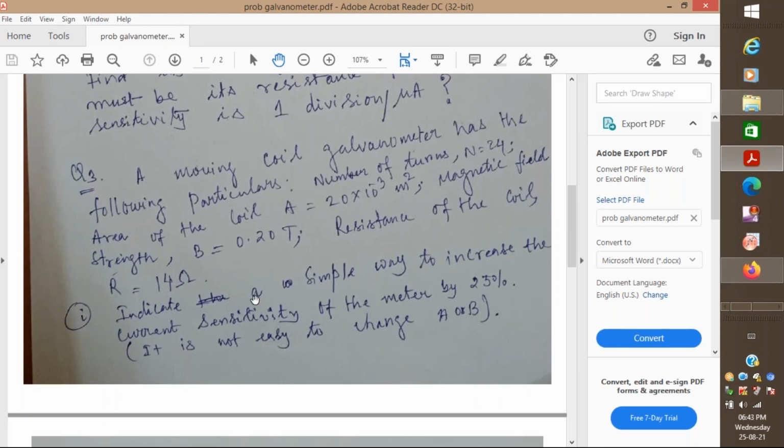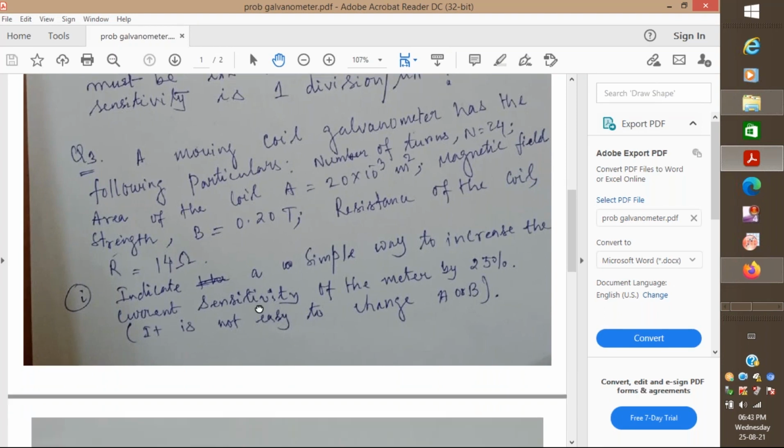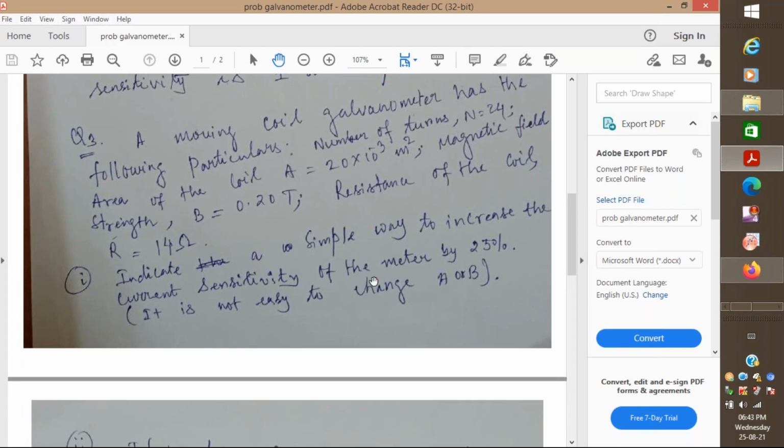What I have to find out: indicate a simple way to increase the current sensitivity of the meter by 5%. It is not easy to change A or B. That means the area of the loop and magnetic field cannot be changed. So in that case, what would you do to change the current sensitivity of the galvanometer?